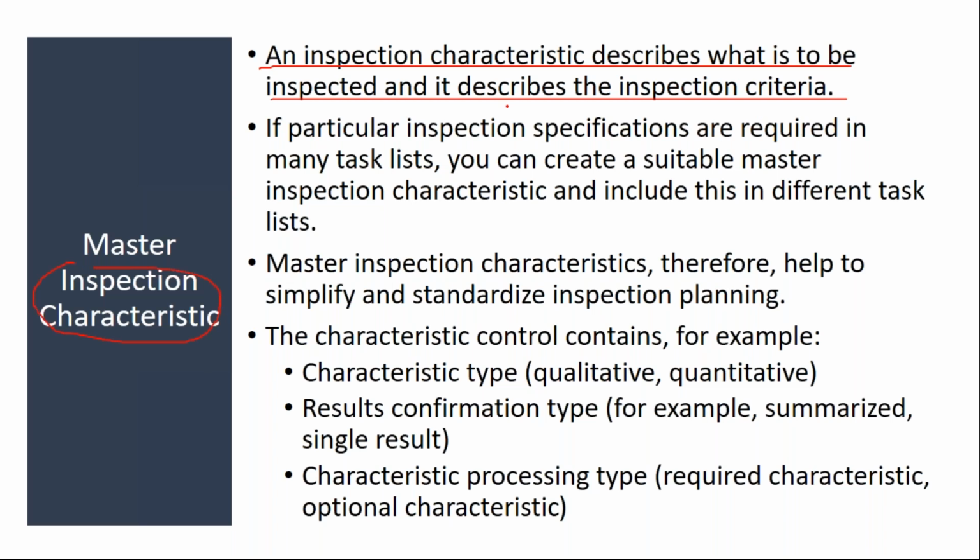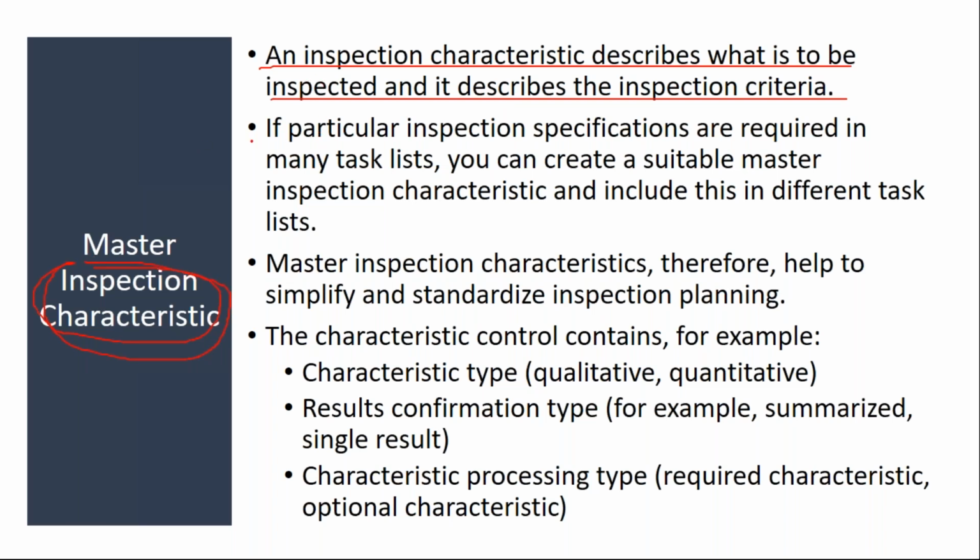For a liquid material, you will check its color, its solution clarity, odor, smell. Okay, once those are done, you will check chemical parameters like pH value, its potency, assay, those things. Suppose let's say you are working in a pencil or pen manufacturing company. After manufacturing pen or pencil, you will check its length, width, its hardness. So all these parameters are called inspection characteristics in the SAP system.